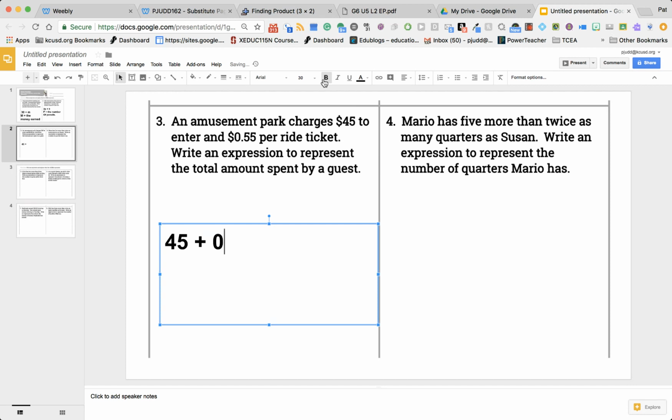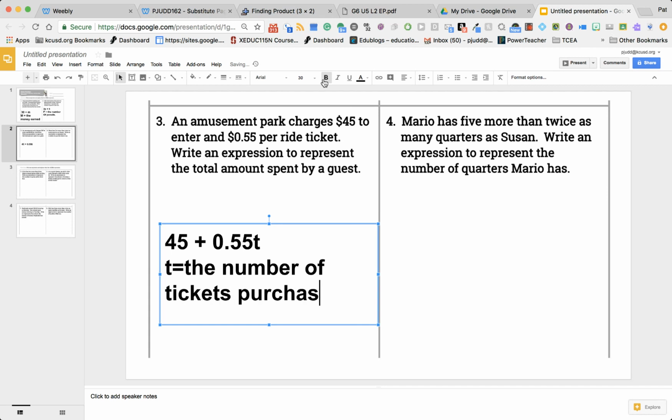For every ticket, you're going to pay 55 cents. So that's going to be 55 hundredths times T. And T represents the number of tickets purchased.